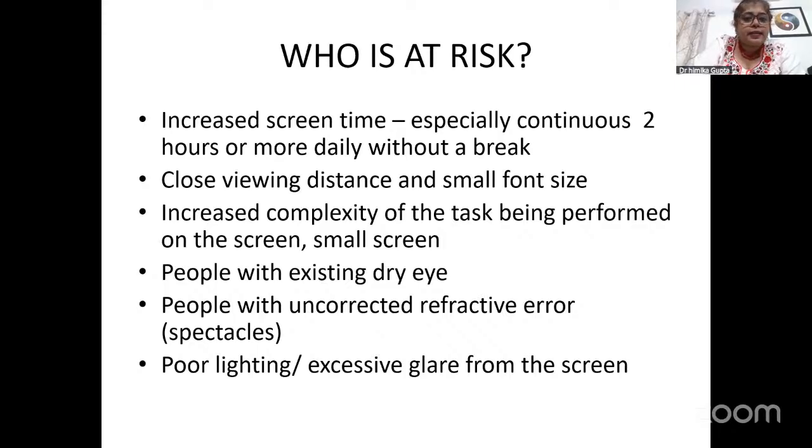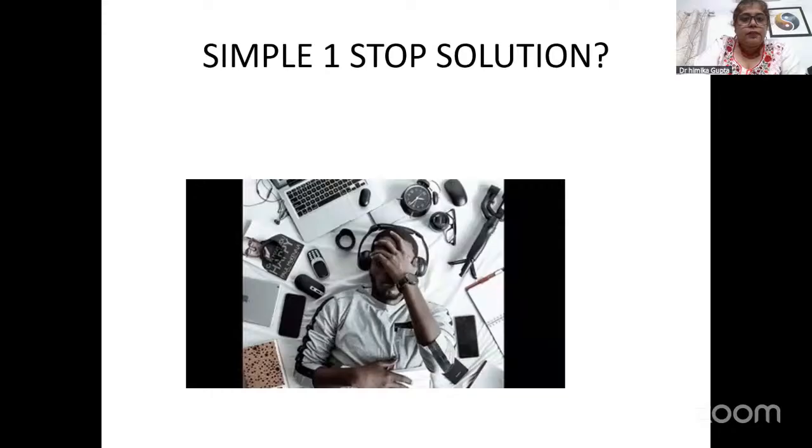Anybody who has existing dry eye and anybody who has an uncorrected spectacle number is more prone. Obviously, poor lighting, a room that is too dark, or excessive lighting and glare will also contribute to eye fatigue.